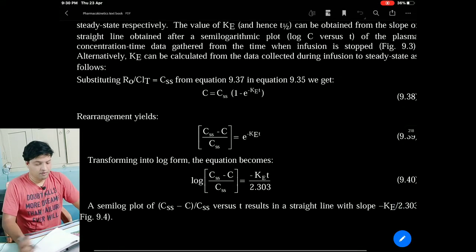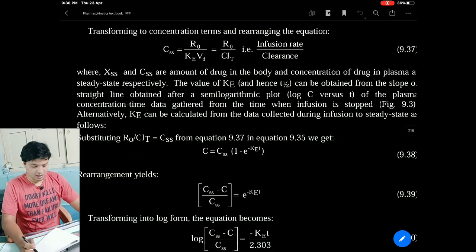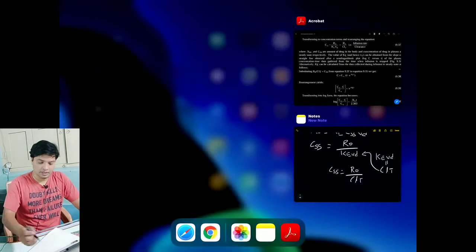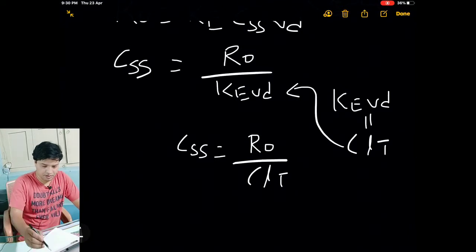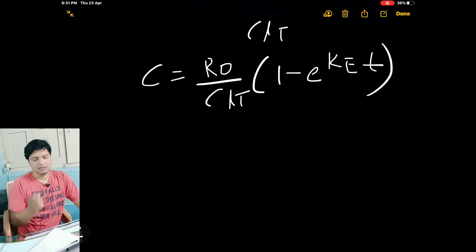Take that equation 3.7. I told you, remember, the first equation. Again I will write that. Go to our first equation, that is C is equal to R naught by clearance into 1 minus e to the power of minus Ke T. This is our first equation.